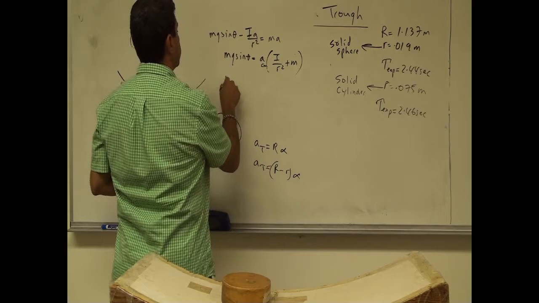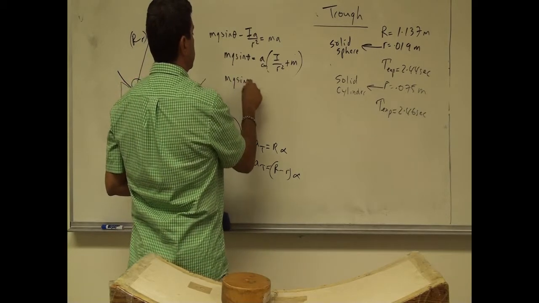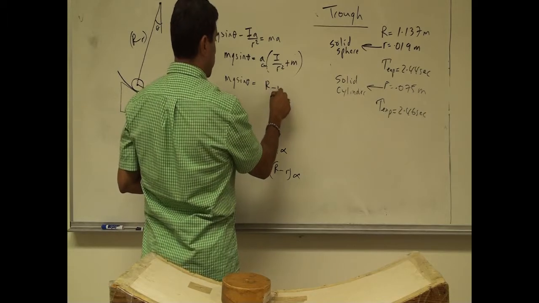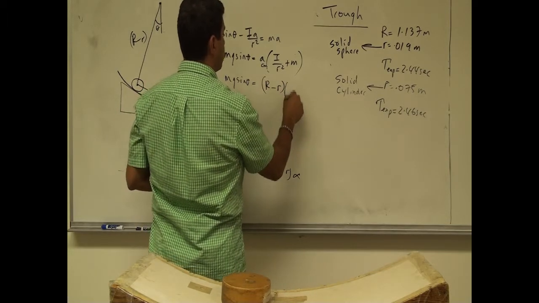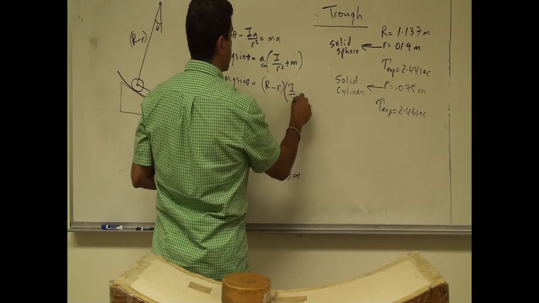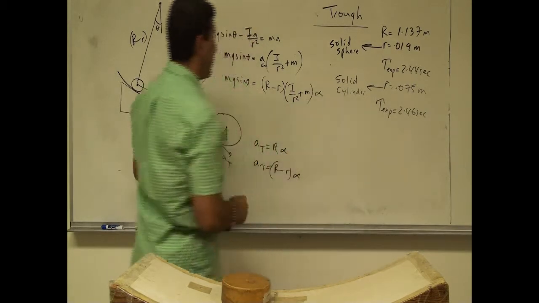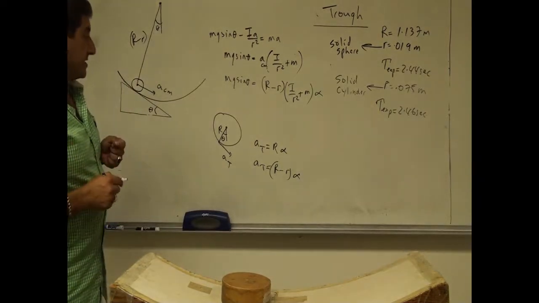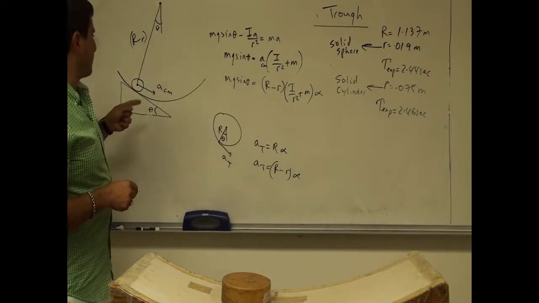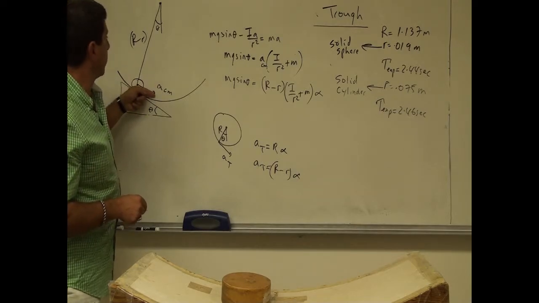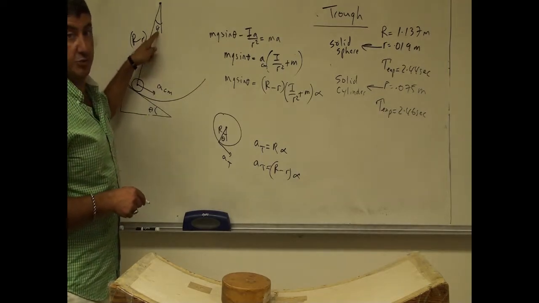So then you're going to have here mg sine theta is equal to a center of mass, which is (R minus r), times (I over r squared plus m), times alpha. In our case, to make the sign work out a little bit better, if the acceleration A_CM is positive, then the angle will actually be decreasing.